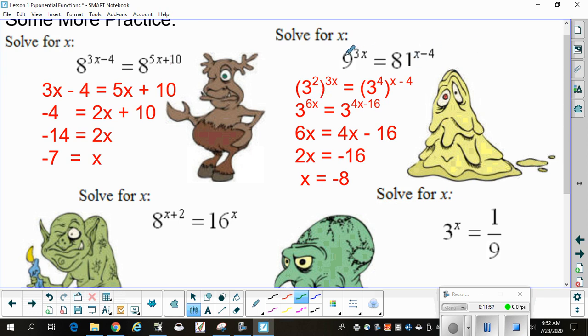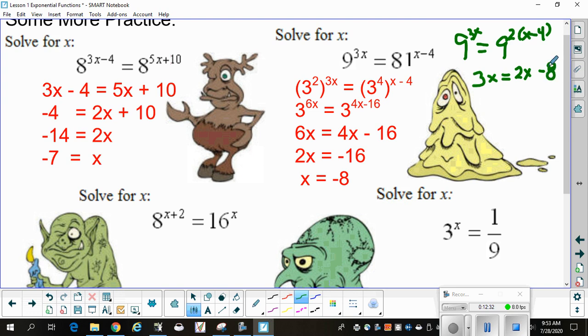You could also leave it as 9 to the 3x is equal to 81 is 9 squared, and then you're going to raise it to the x minus 4. Now you have 3x is equal to 2x minus 8.